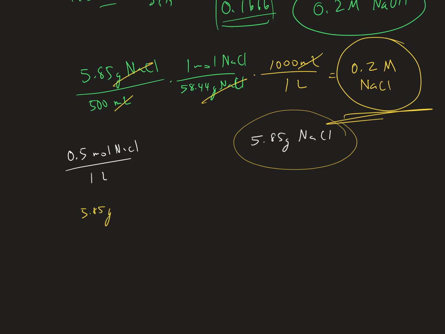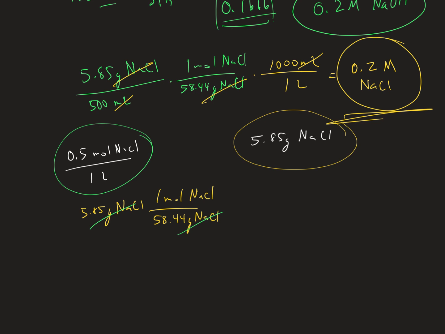5.85 grams of sodium chloride. And we've done this a few times already today. Grams of sodium chloride to 1 mole. Okay, so now we're at moles, yeah? Now we can use this but flip it. You see that?